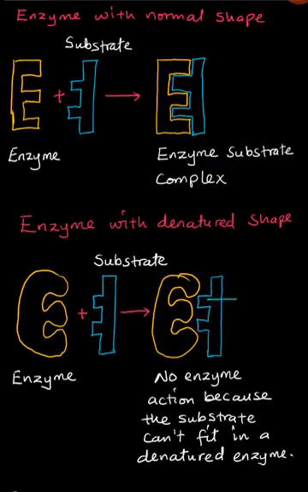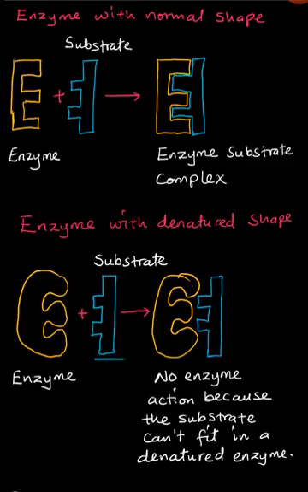And if the substrate cannot fit in an enzyme, it means this particular chemical reaction will not happen. So if chemical reactions are too slow, it means this particular chemical reaction will not be sped up. It will happen very slowly.